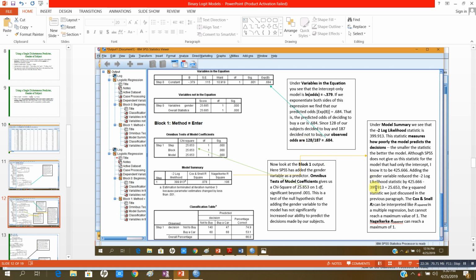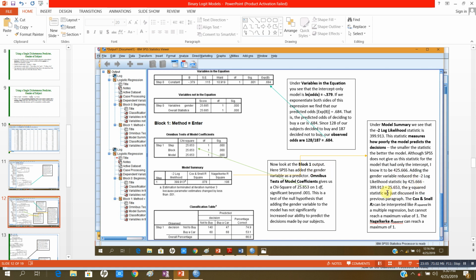If we add this value to this value, that would give us the -2 log likelihood for the model in which there was only the intercept, and that value is 425.66, and this 25.653 is basically the chi-square statistic that we just discussed here in the block 1 output.